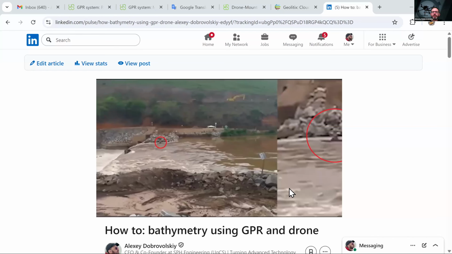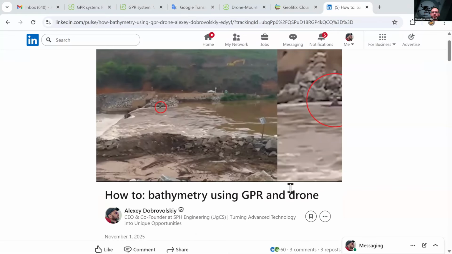I actually started to work on an article on LinkedIn. I will post a link to the draft of my article. It is on LinkedIn because it is a draft, and LinkedIn is very convenient for writing drafts of articles.